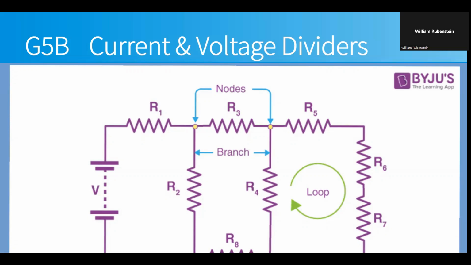So if I start up here, I've got a voltage drop across this resistor pointed in this direction, plus this one, plus this one. So I have these three voltages. When I come over here, I've got this one in the opposite direction. So this voltage is going to be equal to the three voltages here, so it will add up to 0. So the voltages around the loop always add to 0. The current in a node always adds to 0.